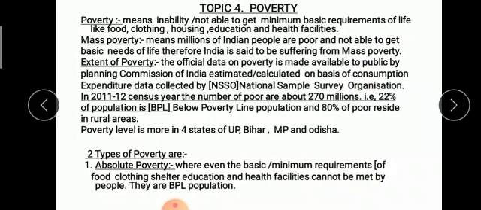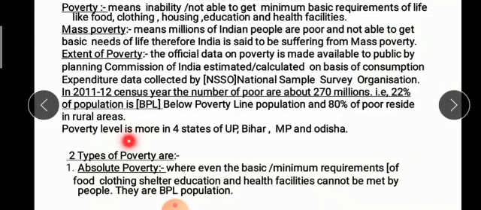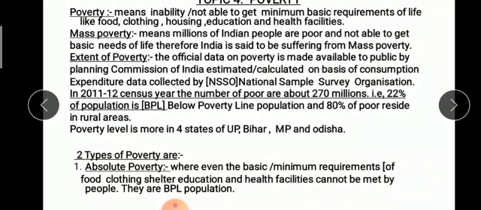Extent of poverty. What is the number of poor people in the country? How much? What is that percentage? The official data on poverty is made available to the public by the Planning Commission of India. The Planning Commission is a commission which plans the 5-year plans, and the head of the Planning Commission is the Prime Minister.